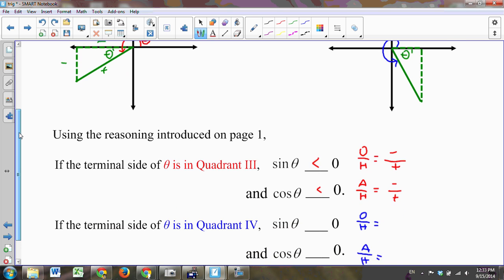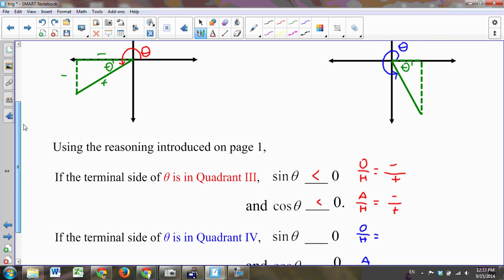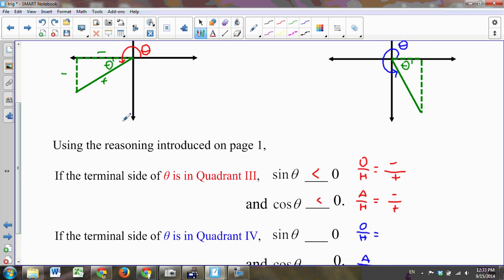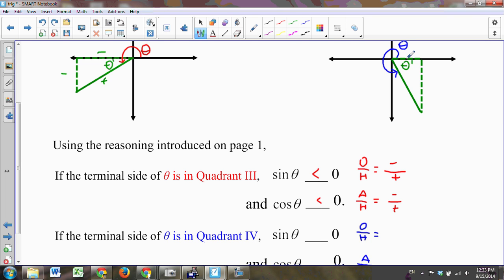Now look at the fourth quadrant. In the fourth quadrant, this adjacent leg is going to be positive because it's x. And this opposite side is going to be negative because we think of it as y.